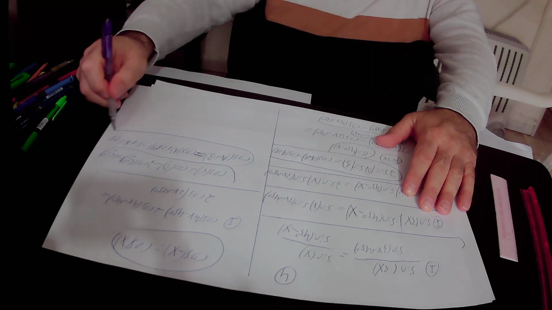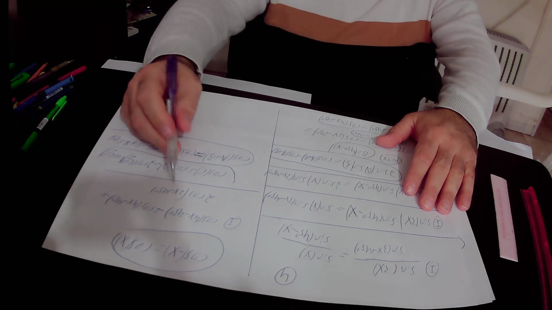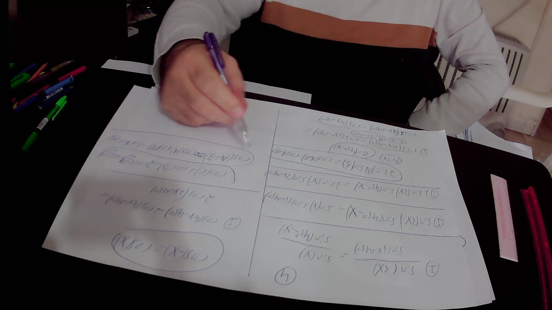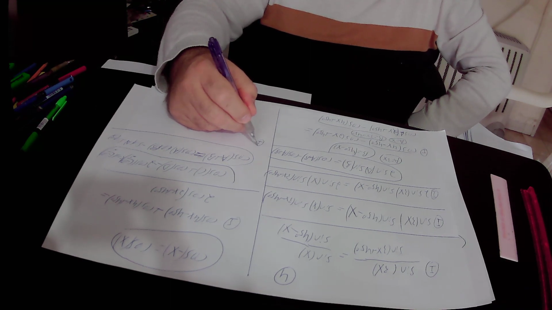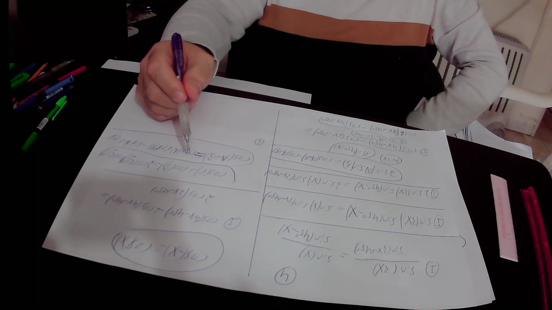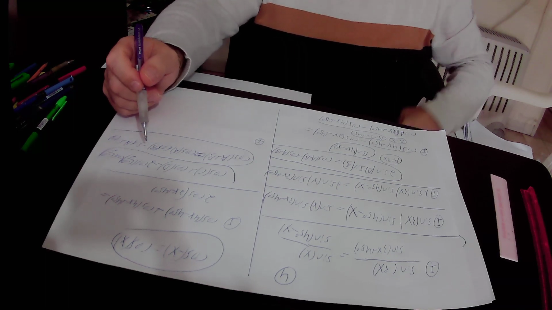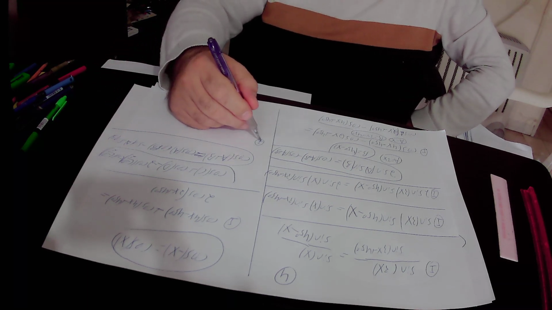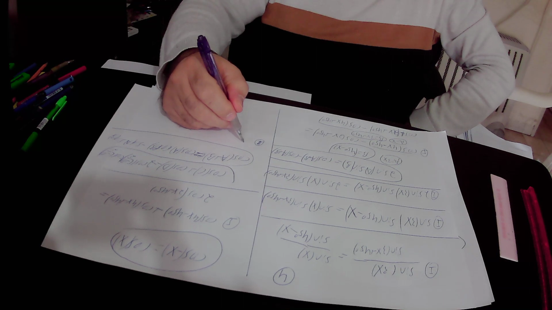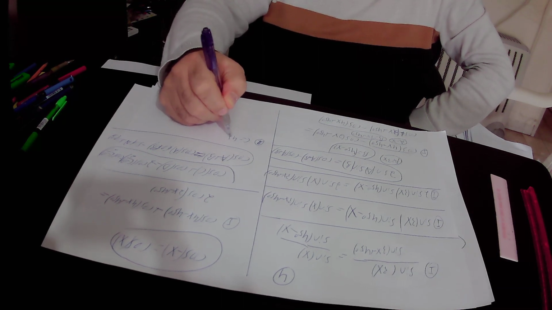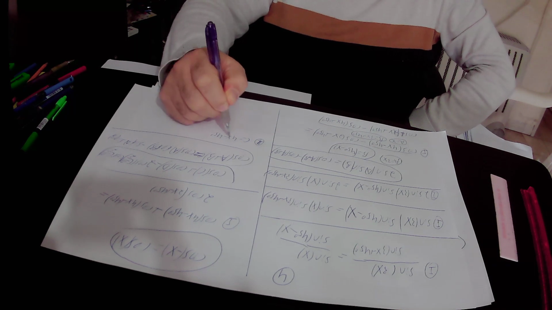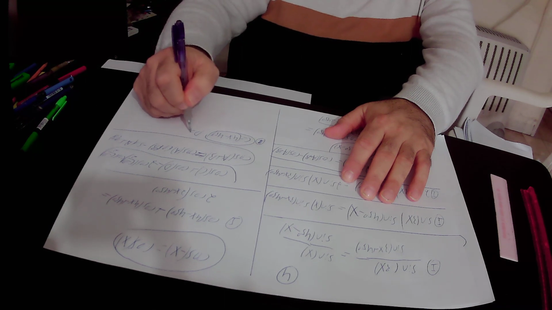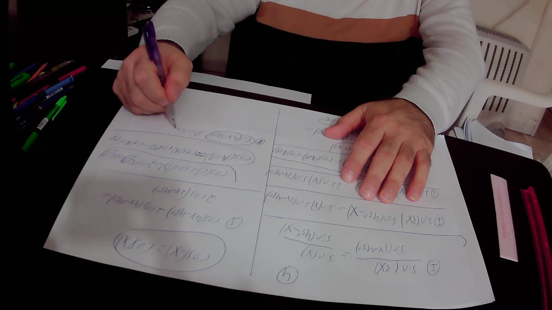So we start with the expression cosine 4x minus 45 degrees plus cosine 4x plus 45 degrees, and according to the trigonometric identity that cosine C plus cosine D equals 2 cosine of C plus D over 2 times cosine of C minus D over 2. So here in our specific expression, C is equal to 4x minus 45 degrees and D is equal to 4x plus 45 degrees.